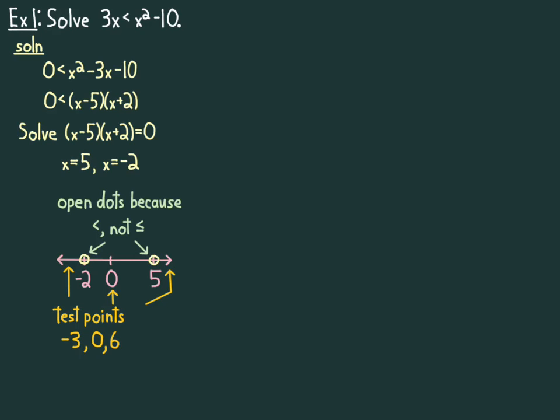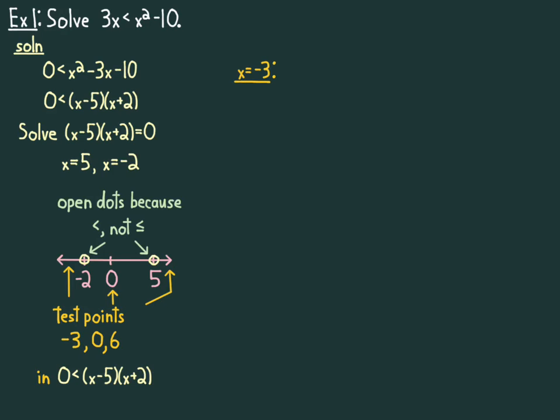And so I just chose negative 3, 0, and 6. And I plug them into this inequality in the factored form because it'll be easiest to see if it's positive or negative. What we want is for the x minus 5 times x plus 2 to be positive. It's greater than 0.